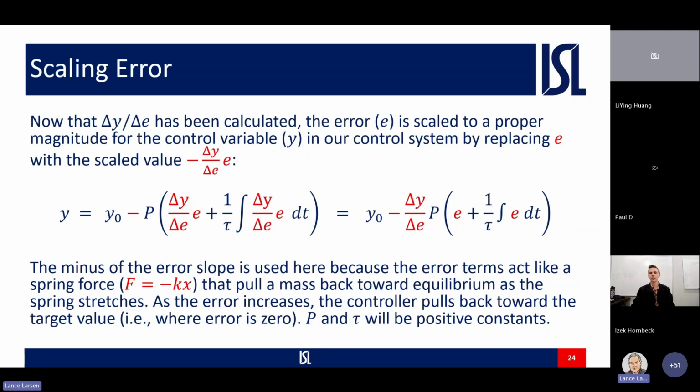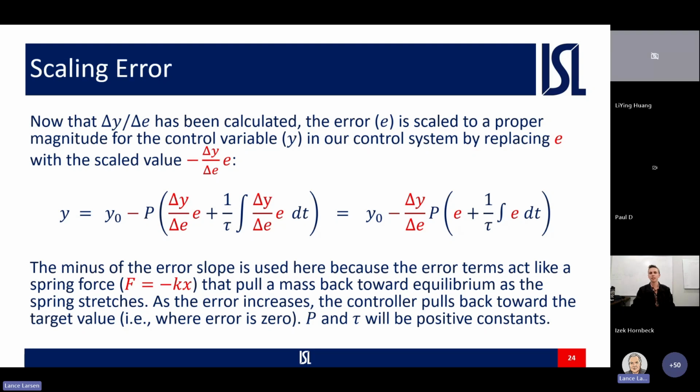And in this case, the minus sign here is not the same as what we talked about when we're using the signal to calculate our slope. This is actually the negative of delta y over delta E, not the delta y over delta T. The reason we use a negative is that this term acts somewhat like a spring force.